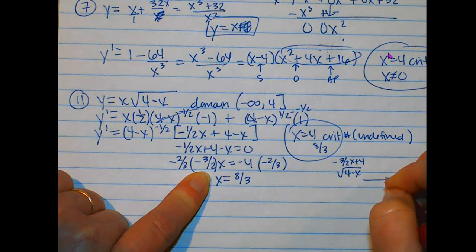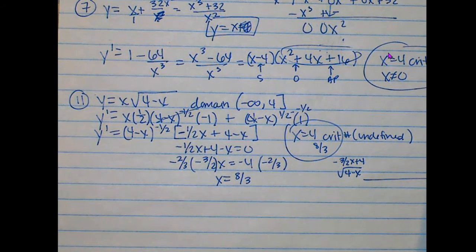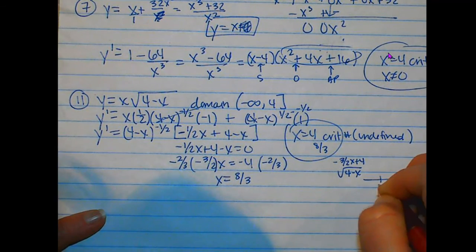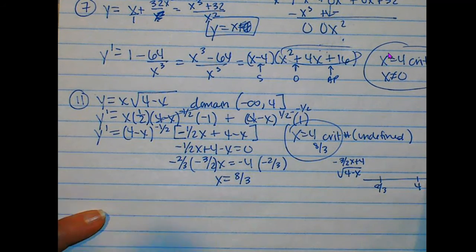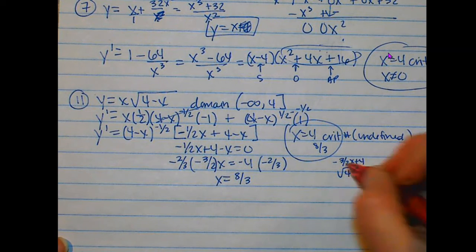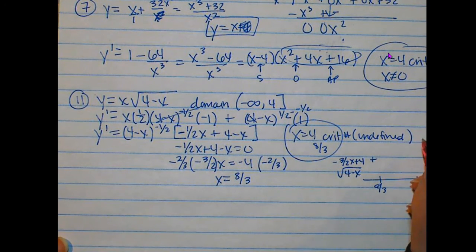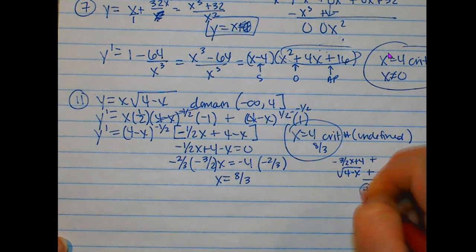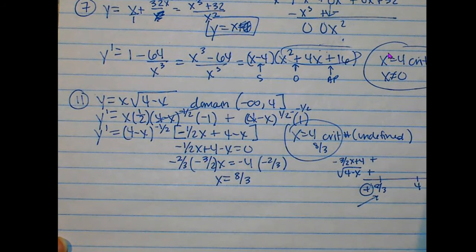And I've got, oh wait, 8/3. Is that in my domain? Yes, it is. Okay. 2 and 2/3. Okay, just want to make sure. 8/3 and 4. Number smaller than 8/3. Go. 0. 0 in the top is positive. 0 in the bottom is positive. This is positive. So this is increasing to 8/3.